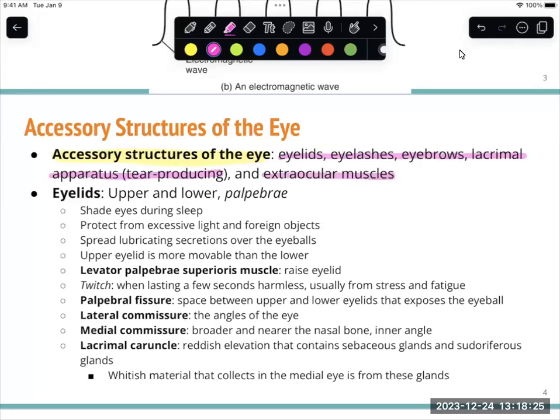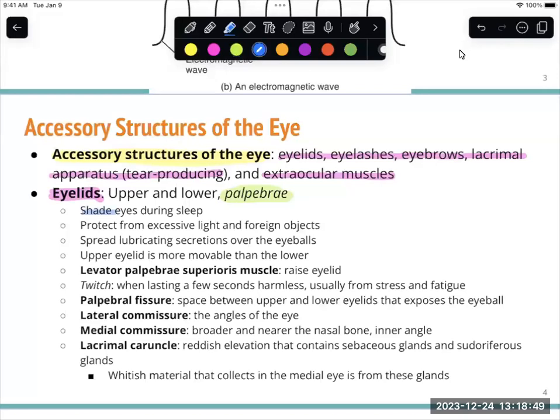So we're going to start by looking at the eyelids. Another name for eyelids is palpebrae. We have an upper and a lower palpebra with a fissure, which is that opening between the two. Our eyelids have a lot of different features.